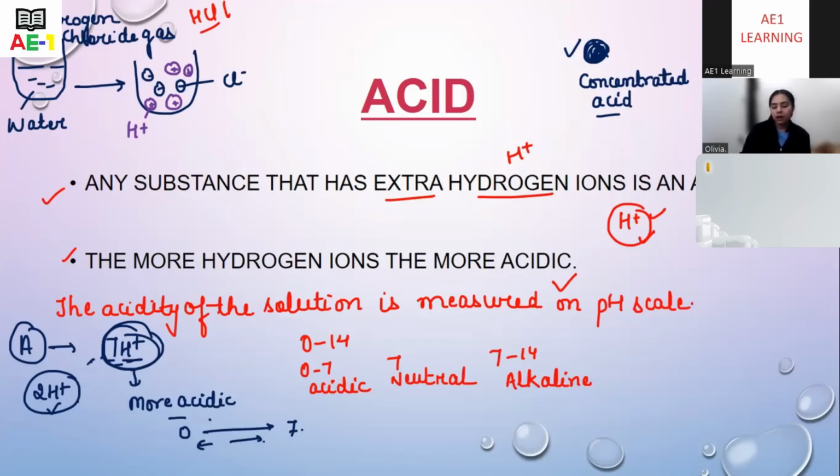Because the number of H positive ions over here is more as compared to the other, that's the reason it is acidic in nature, and HCl is a strong acid. So write down this one. You can draw this one as an example.